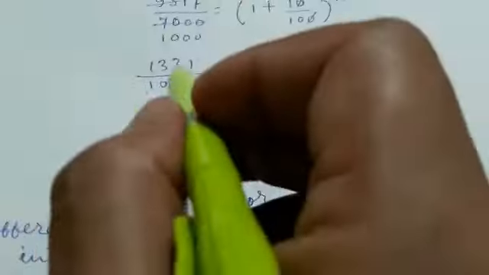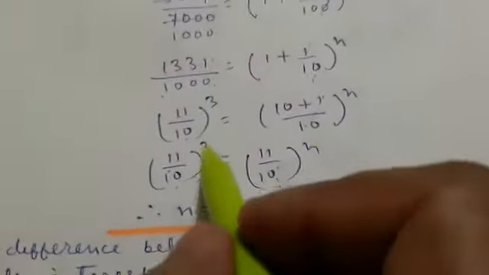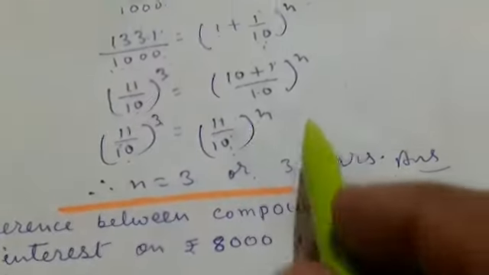So we'll write down (11 by 10) cubed is equal to 11 by 10. Here we will take the LCM 10: 10 plus 1 is 11, so 11 by 10. So 11 by 10 and 11 by 10 will cancel out. So n is equal to 3. What is n? n is the time. So 3 years is our answer.